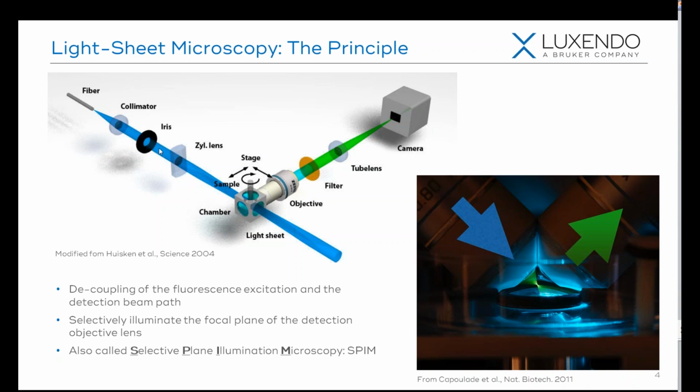And by doing this, we can selectively illuminate only the focal plane of the detection axis, hence the acronym Selective Plane Illumination Microscopy. But how do you create a sheet of light?